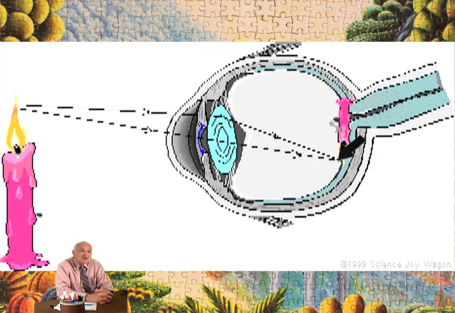Down here, a photon will arbitrarily strike this spot, be focused onto this spot. No matter where it comes onto the lens, it will be focused onto this spot.